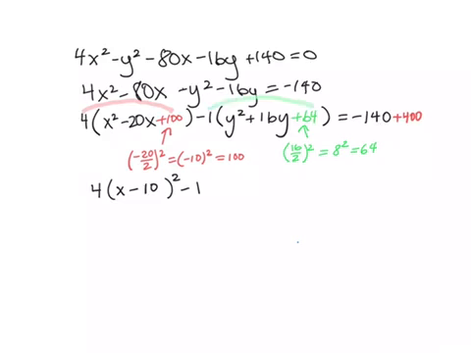While that's not going to change from a 64, that is going to be negative when I take it to the right-hand side. So I have a minus 64 over there. So for my y's, something squared, I'm going to have y plus 8 quantity squared. And then this is all going to be equal to 196.